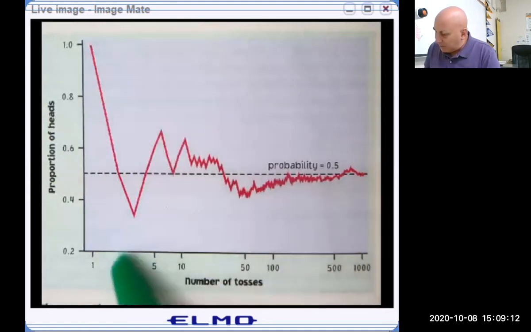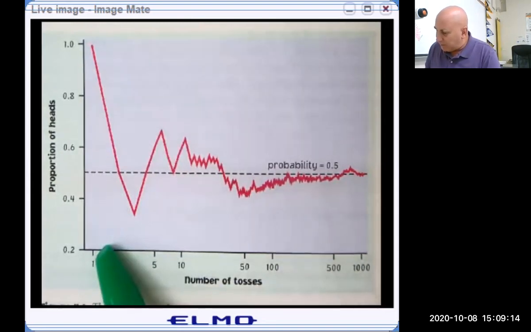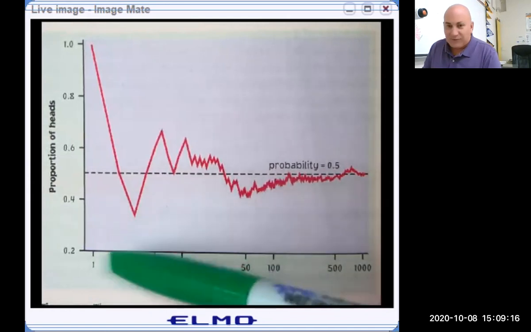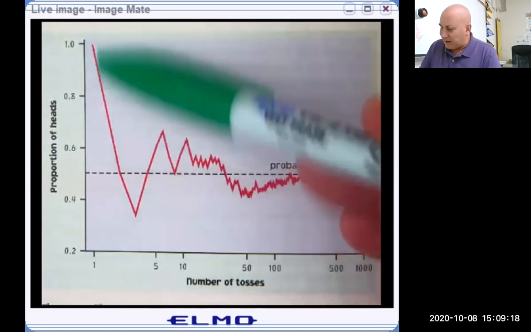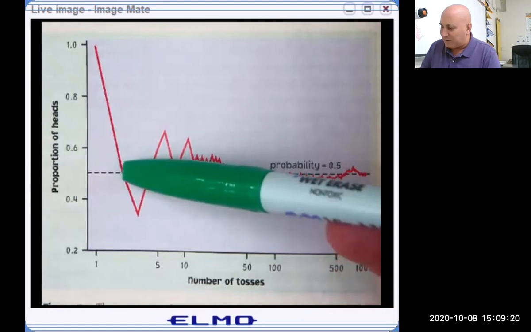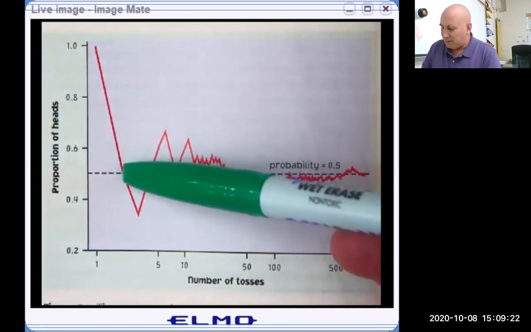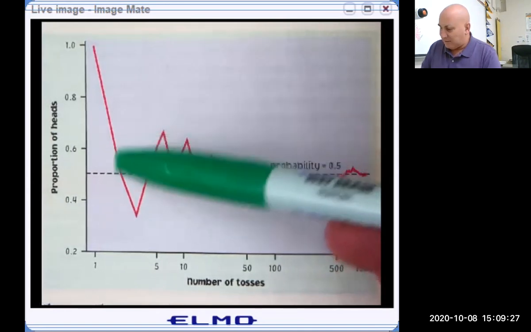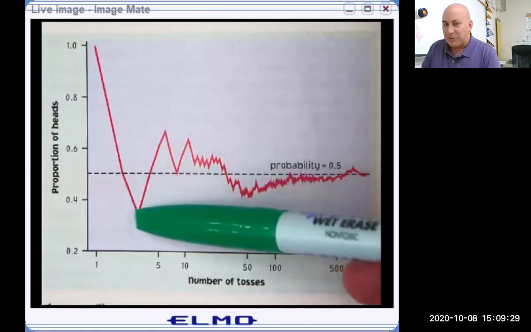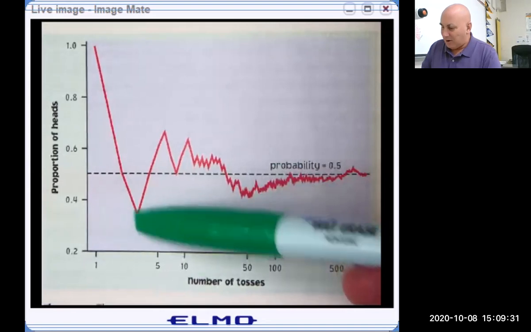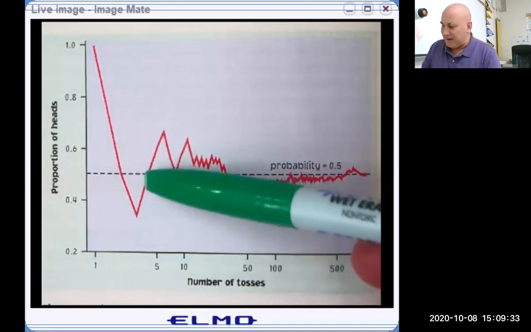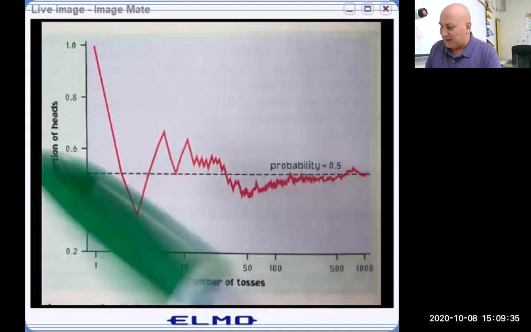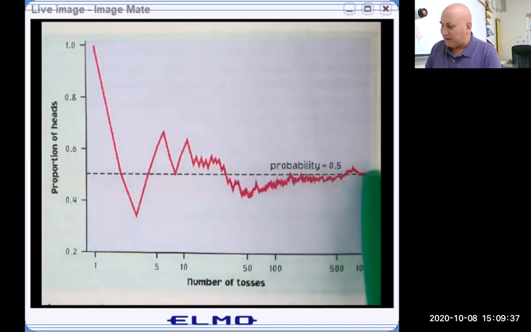On the second flip, well, I'll be darned, we must have got tails. So now we're down to 1 head, 1 tail, we're at 50%. On the third flip, we must have gotten tails again, because we're now down here at 1 out of 3. On the fourth flip, we got heads, so now we're up at 50% again, and this bar is the 50% line.